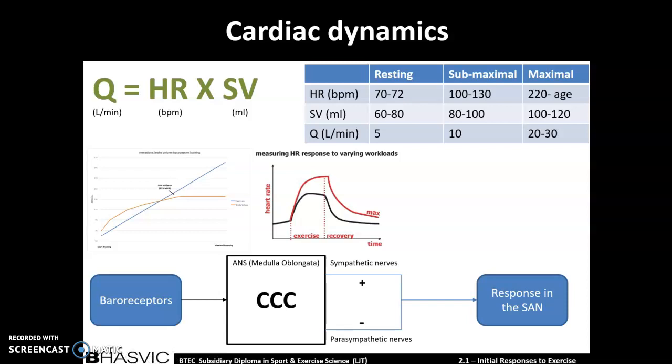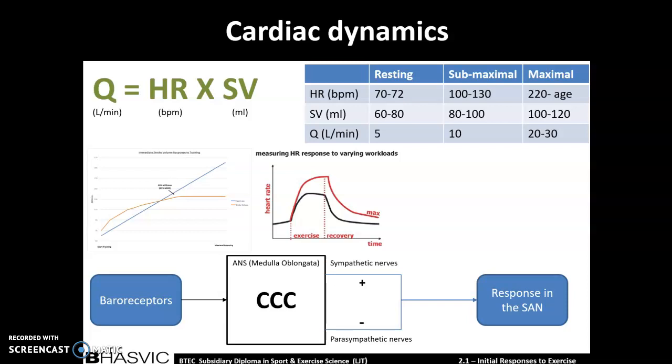Now, controlling of the cardiac dynamics, the feedback section of this would be from the baroreceptors, and these baroreceptors are located in the carotid sinus and the aortic arch, and these send impulses or feedback due to the stretch, and this stretch is caused by the blood pressure.